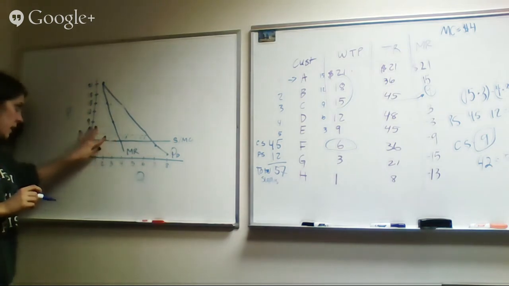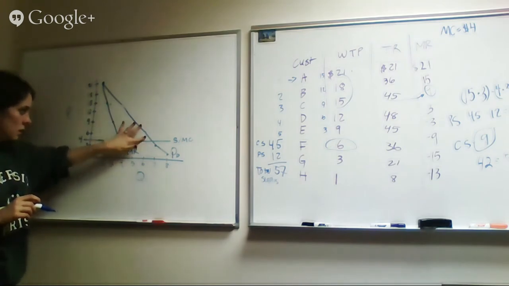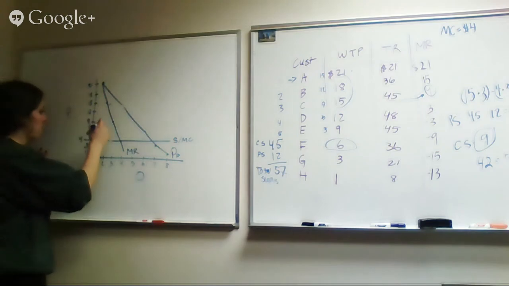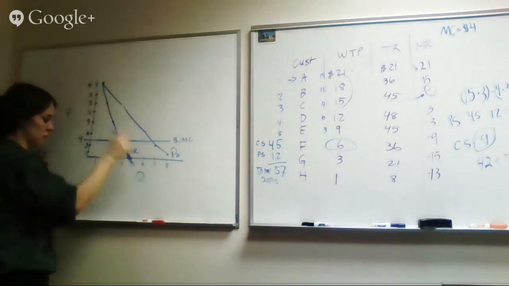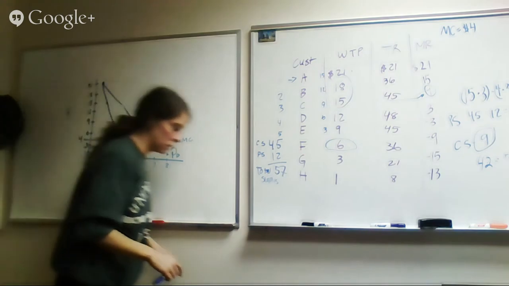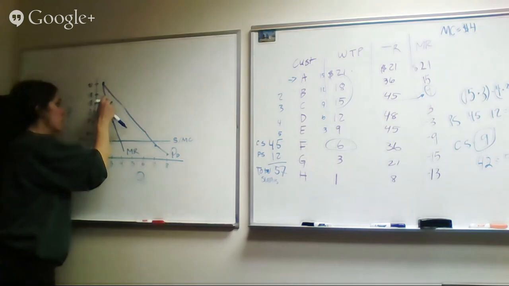But let's see here. If we do the last price that we talked about, which is the profit maximizing price, we would have a consumer surplus. So let's see here. This is where our price point would be.